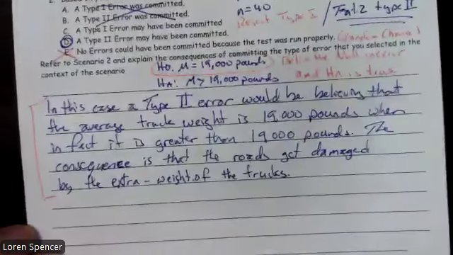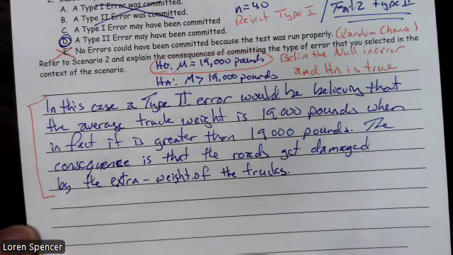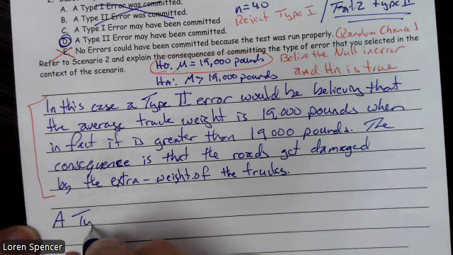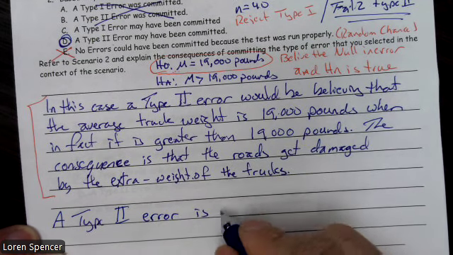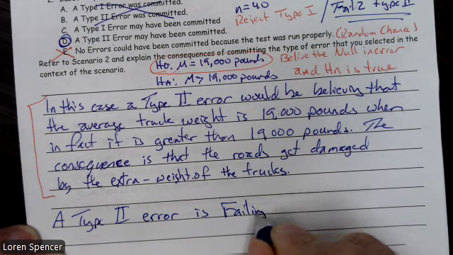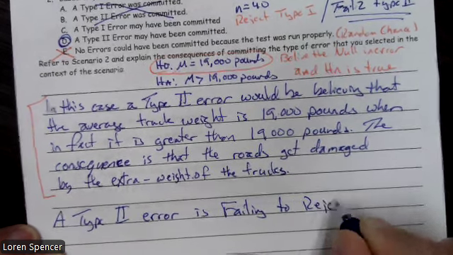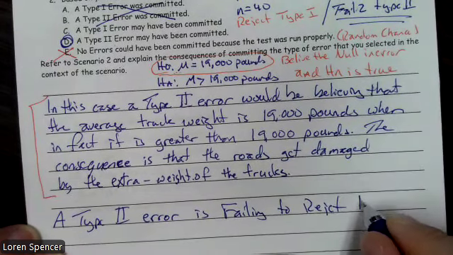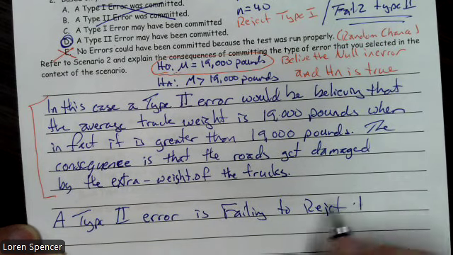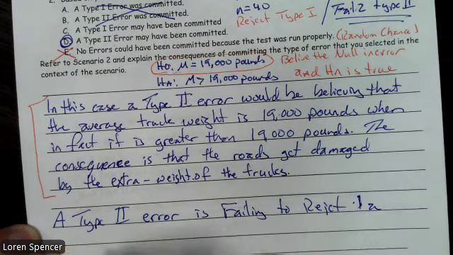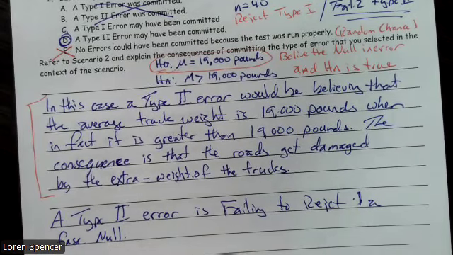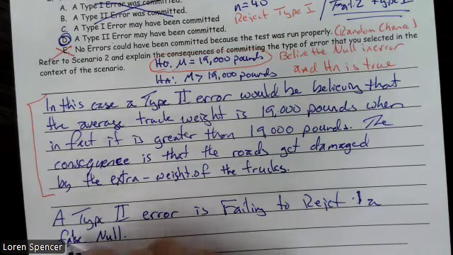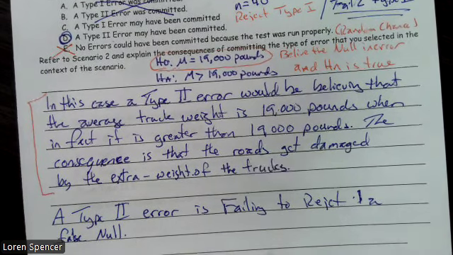I would highly recommend that you add this part above it: a type 2 error is failing to reject a false null. A type 2 error is failing to reject a false null.